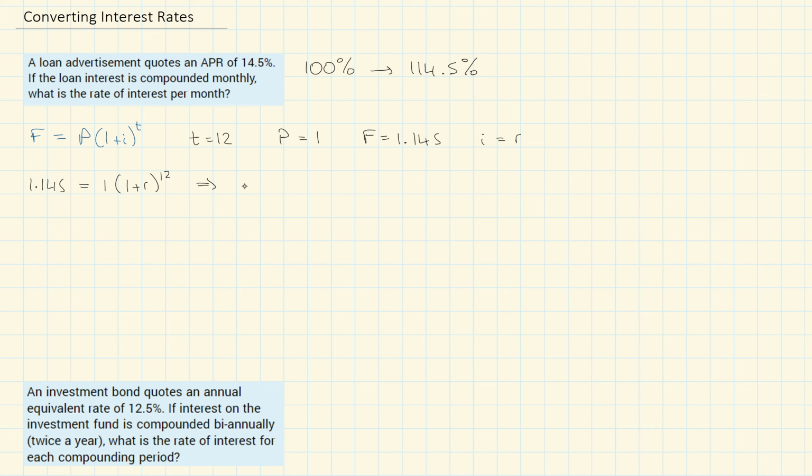So we need the 12th root of 1.145 equals 1 plus iR. So then iR equals, into your calculator, the 12th root of 1.145 minus 1.